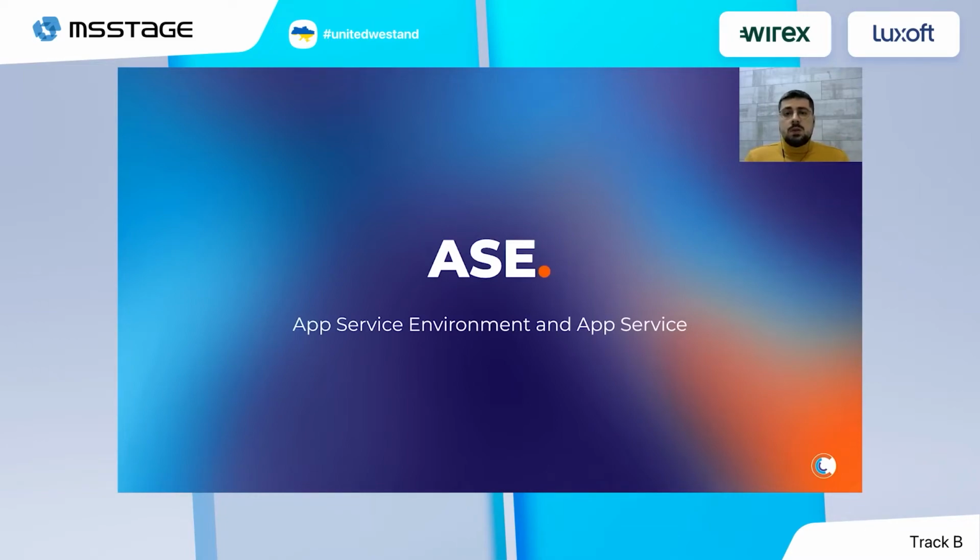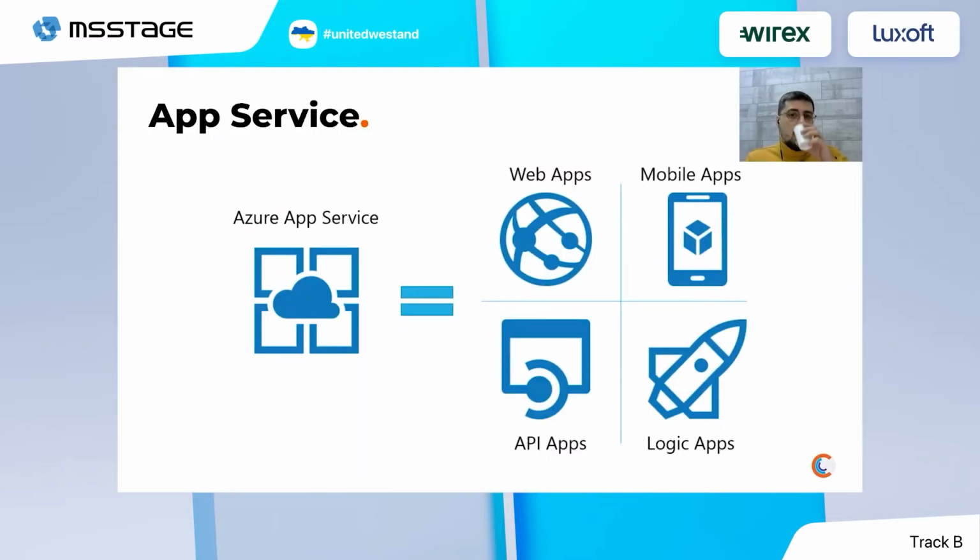The previous part described the infrastructure as a service concept and dedicated options. Now let's review the available platform as a service capabilities of the Azure platform. Before we start describing Azure App Service Environment, or ASE, we should stop for a few seconds on Azure App Service itself.